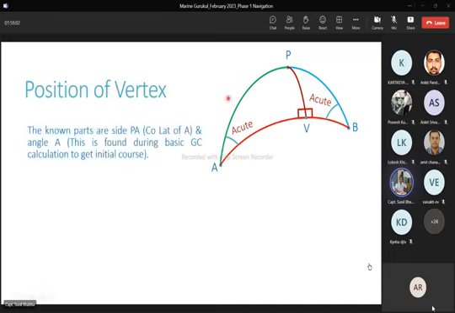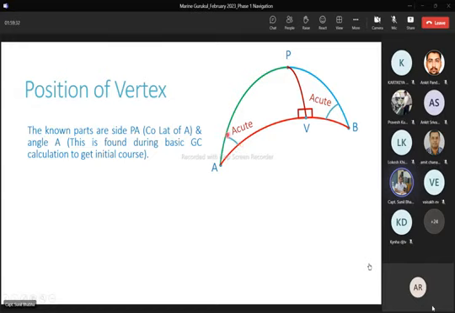So we have the same diagram here, Papa Alpha Bravo triangle with the vertex in between. Now, if you carefully look at the triangle PAV, the known parts in this triangle are the side PA, Papa Alpha, which is the colat of our initial position A. And we are also aware of angle A of this triangle.